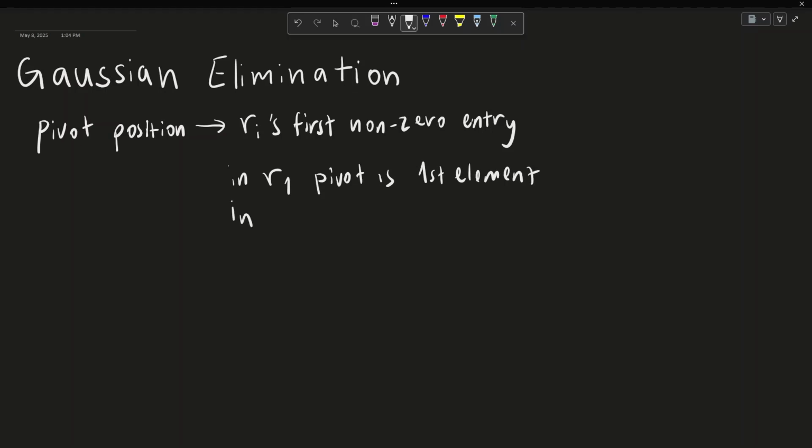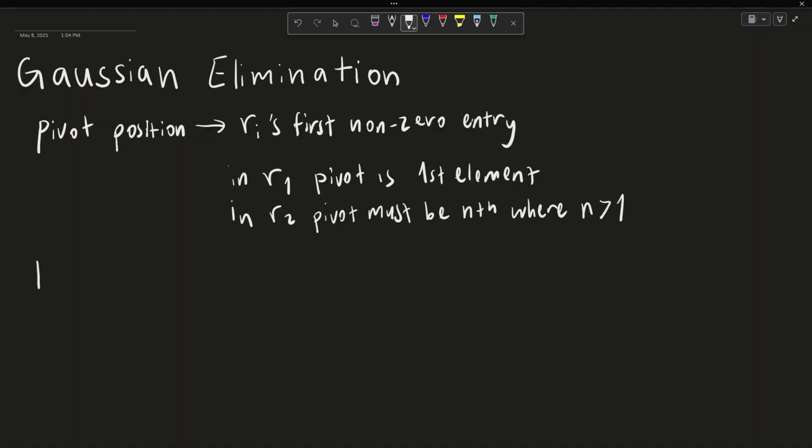In row 2, the pivot must be some value greater than 1 in terms of which element it is. Must be the nth element, where n is greater than 1.